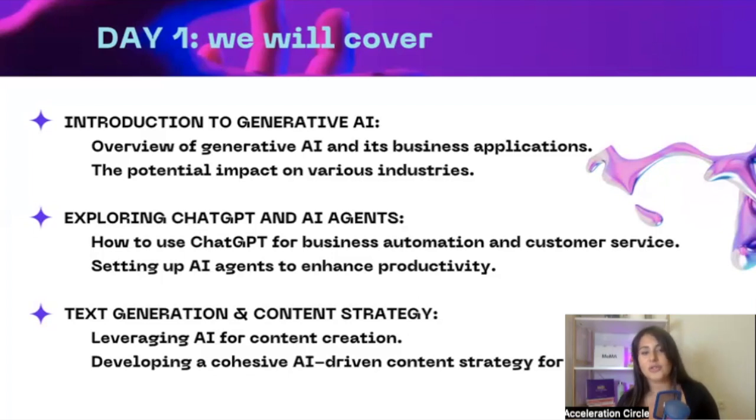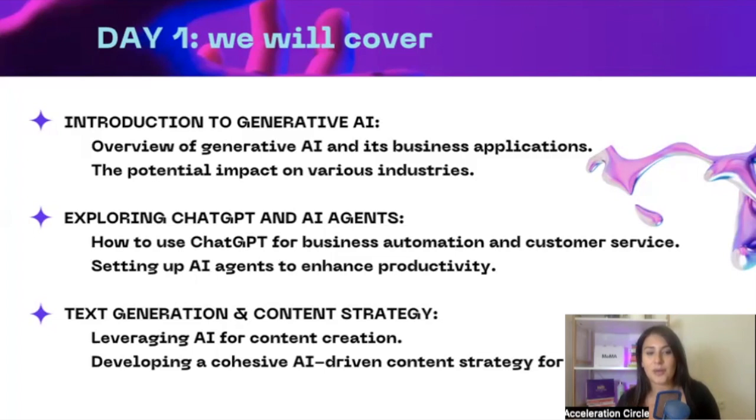We will explore ChatGPT and what the ChatGPT agent is, or there are also custom GPTs. So basically, it's another tool that is available in the ChatGPT paid version, but we will cover that as well because these tools are very useful if you want to implement automation in your business processes, etc. And I will show you how to set them up.